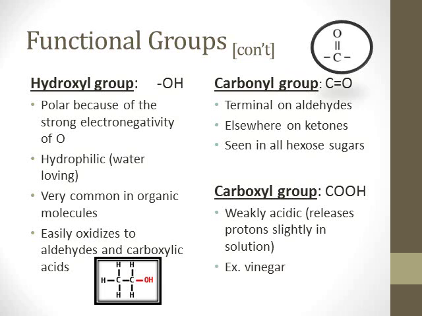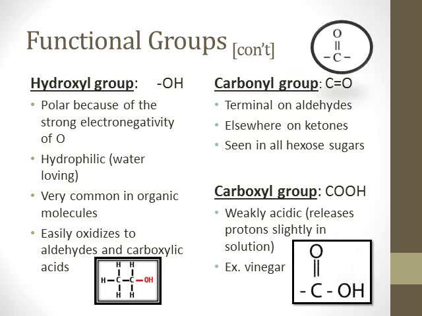So an example of something that would have a carboxyl group on it would be vinegar, and that carboxyl group would be drawn like this if we were using it in a structural formula. So the COOH that I have written next to the name is really drawn like this graphic at the bottom of the page.